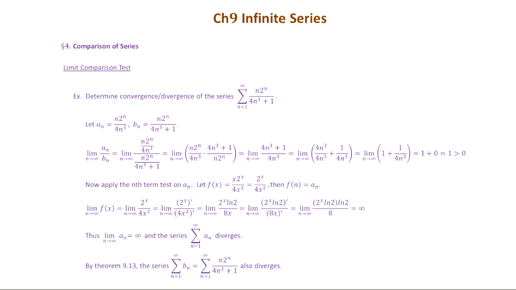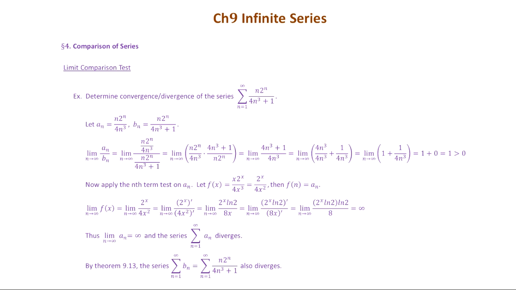So we're going to define f of x equal to x times 2 to the x over 4x cubed. So what do you do? Just change n to x everywhere in a_n and call it f. So you can cancel x on top and the bottom to get 2 to the x over 4x squared.